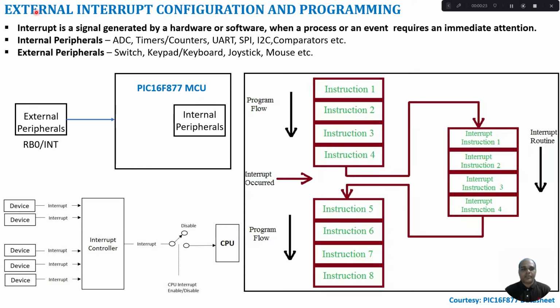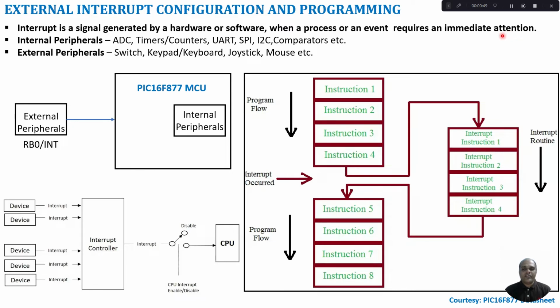So an interrupt is a signal generated by a hardware or a software. The hardware can be any peripheral device, either an internal peripheral device or an external peripheral device. A signal is generated by the hardware or software when a process or an event requires an immediate action or attention.